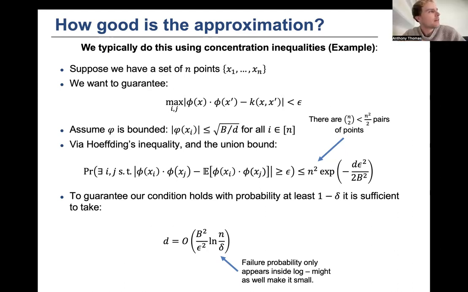So I guess my intuition for why normalization might matter comes from this back of the envelope calculation that I've given here, where the dimension that we need to ensure a particular fidelity of approximation depends in part on some notion of boundedness in the embedding function. And there are actually other variants of this where, if the embeddings are unit vectors, then we can obtain better concentration properties.